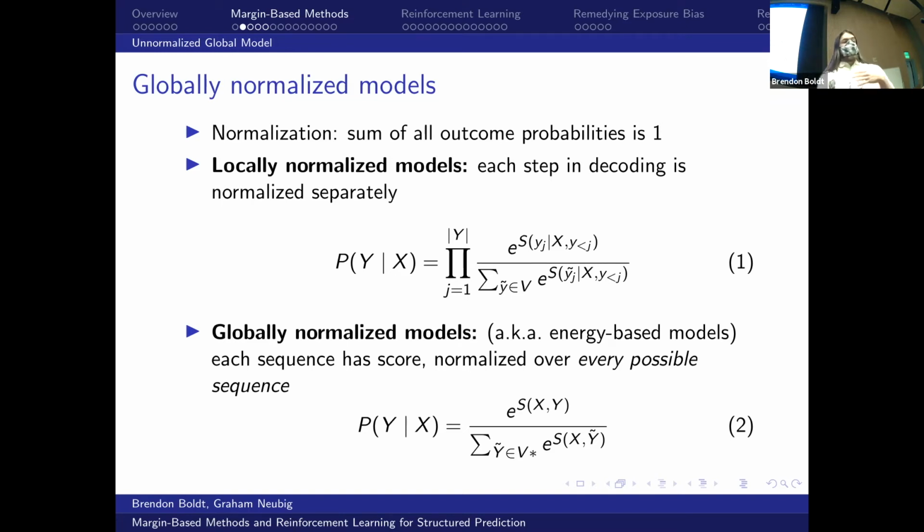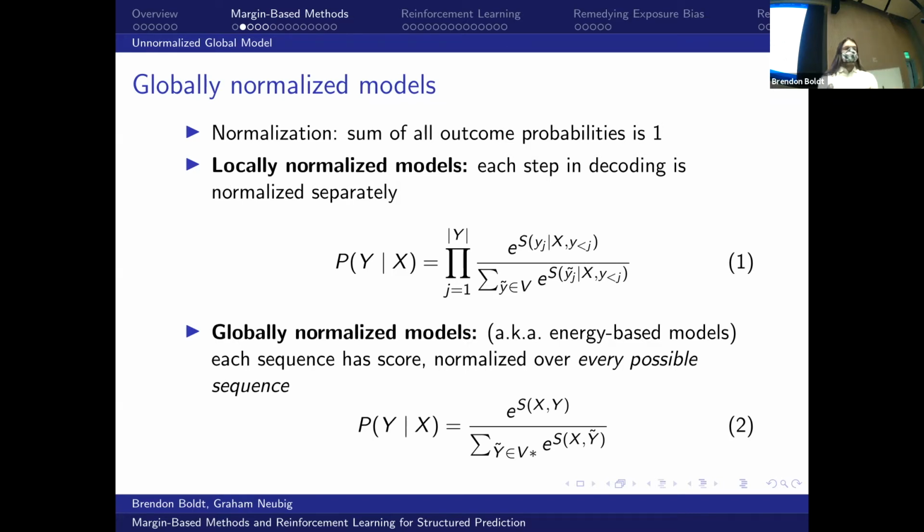If we're doing this locally and building a locally normalized model, we're going to decompose the probability of a given sequence over each decision. And this is where something like teacher forcing and the bias that it experiences creeps in, because teacher forcing is changing what the model is seeing at each time step during training.